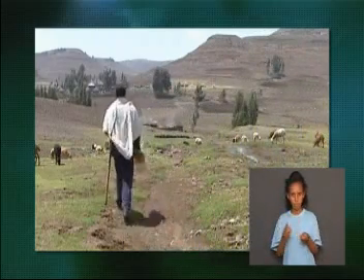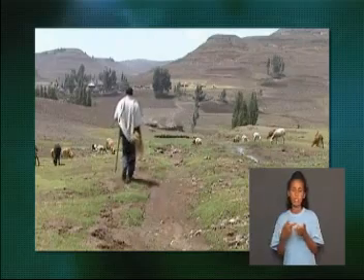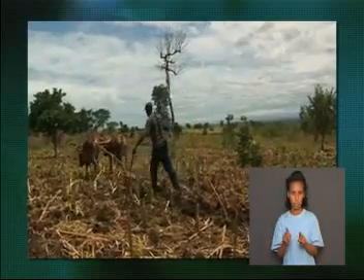As a result, these regions of the country have attracted about 77% of Ethiopia's population. The lowlands, which are below 1,400 meters above sea level, contain only about 23% of the population.